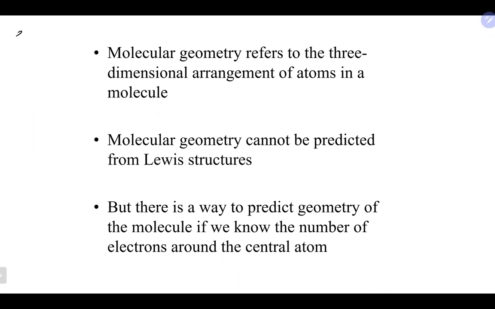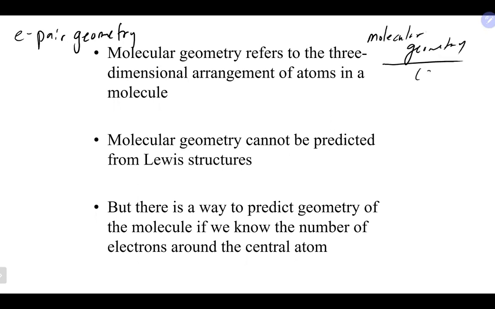One is the electron pair geometry name, and that basically describes the orientation of the electrons around the central atom, and we'll have the molecular geometry, which is also sometimes referred to as the shape. So we're going to talk about two types of names that go with the geometry for each of these. Again, one describes how the electrons are arranged, and one describes the overall shape of the molecule.